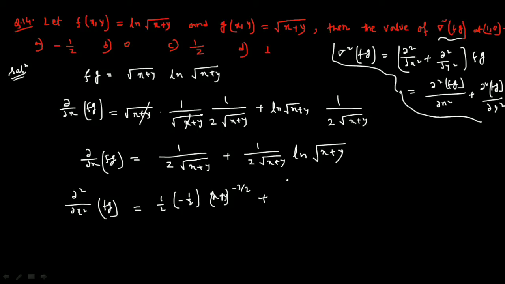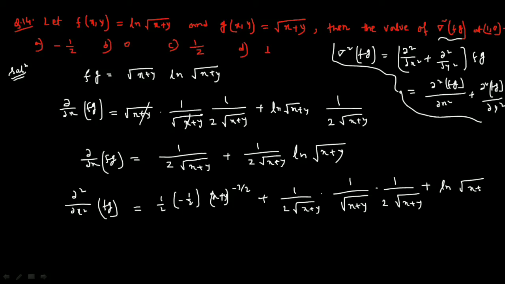Plus, leaving this part unchanged, 1 by 2 root x plus y, and again the differentiation of this is 1 by root x plus y, and the differentiation of root x plus y is 1 by 2 root x plus y. Plus, leaving this ln of root x plus y unchanged, into, we have to differentiate this function again, and it will be half into minus half into x plus y to the power minus 3 by 2.